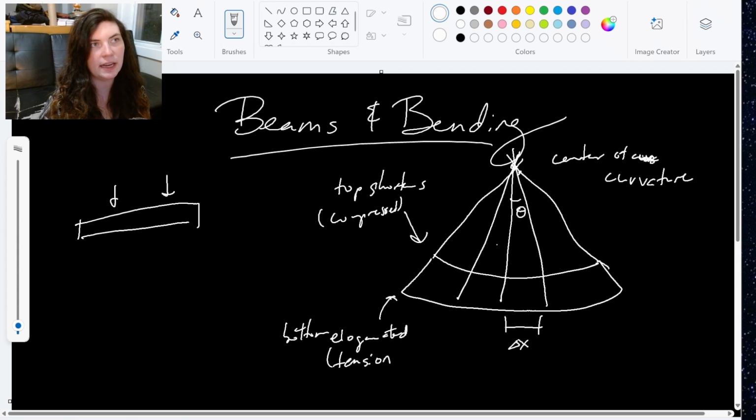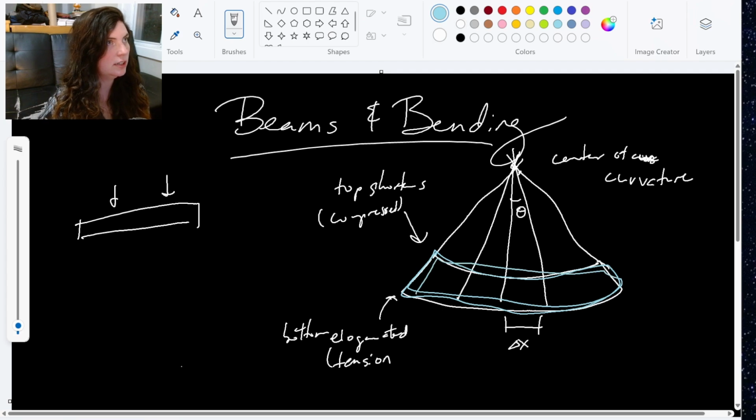If we were to look at any one given dx slice of some beam here that's being curved, being bent, going through deflection, and we looked at what was happening with this compression and tension, we would see a relationship for strain going on.